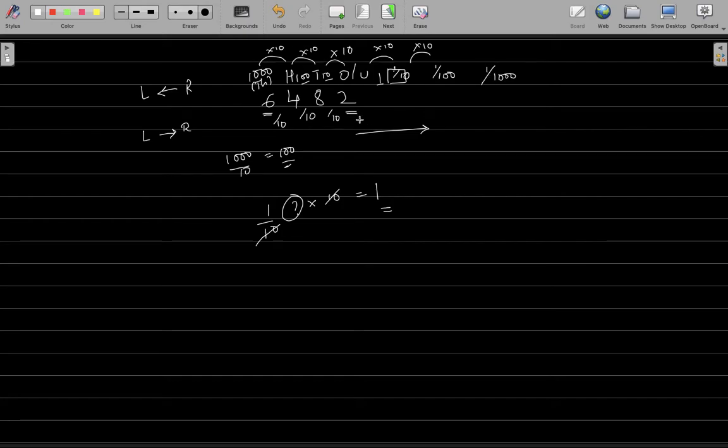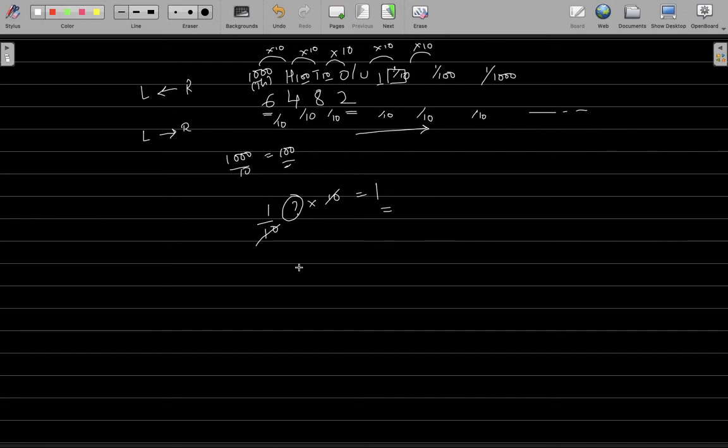This applies the same way here: units place, when divided by 10, gives you 1/10th place. When divided by 10, you get 1/100th place. When 1 by 100 is divided by 10, you get 1/1000th place, and this process continues.